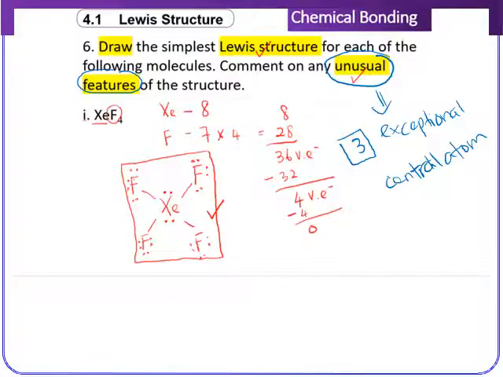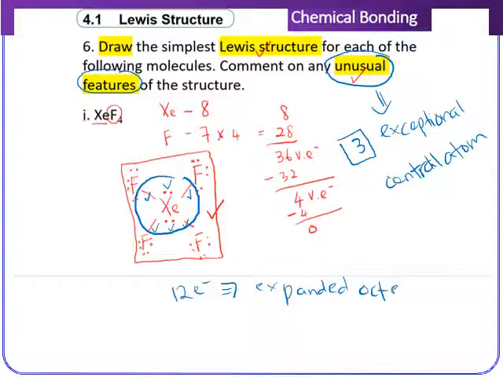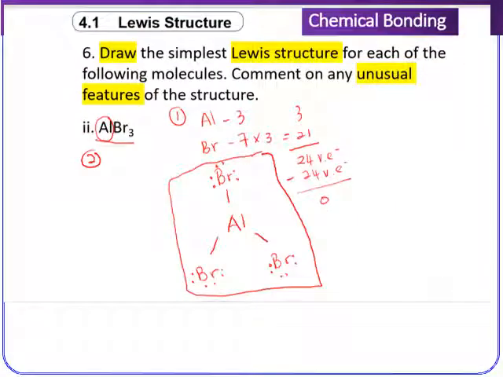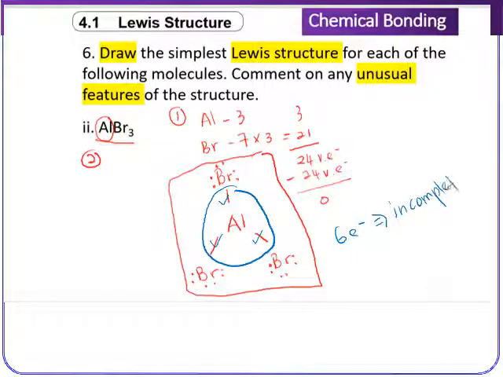For XeF4, the central atom is xenon, 2, 4, 6, 8, 10, 12, 12 electrons. So the type of exception is expanded octet. Second, aluminium bromide, central atom, again focus, 2, 4, 6, 6 electrons. So the type of exception is incomplete octet.